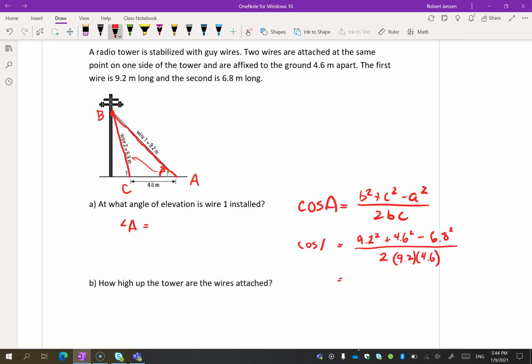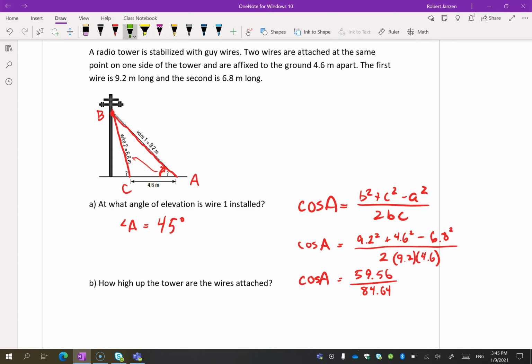Okay, that's cos of A. So cos of A will be 59.56 over 84.64. And so the angle that we figure out is 45 degrees. That's the first question.